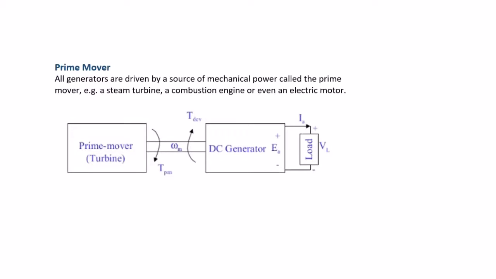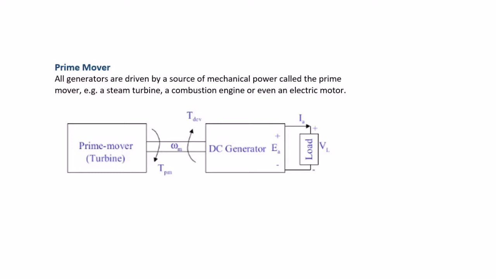Okay, all generators are driven by a source of mechanical power called the prime mover. This prime mover may include things like a steam turbine, a combustion engine, or even an electric motor.